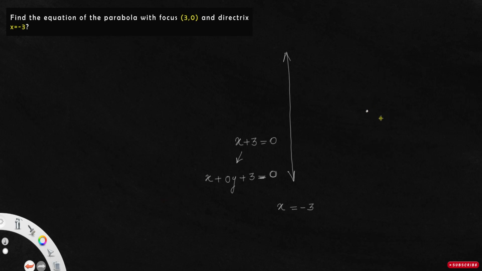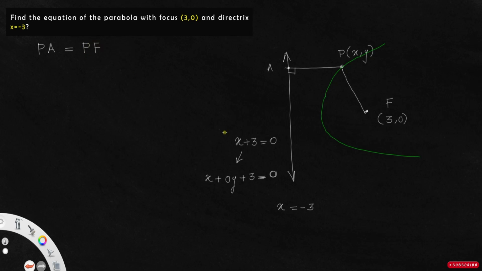We have a point here, (3, 0). That's our focus. So let P be any point on the parabola. Let me roughly draw a parabola. Now we have a point A here. Then by the definition, PA must be equal to PF.